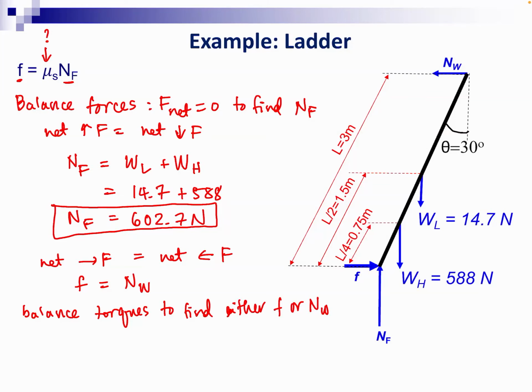Which point will be the most sensible point to put the pivot in this case? You don't know the frictional force, and you don't know NW. You can put the pivot at either the position of the frictional force or NW, because then if you put the pivot at either point, it eliminates one of the unknown forces, F or NW. Okay. Where will you put the pivot?